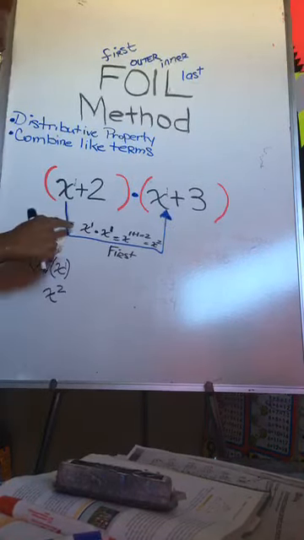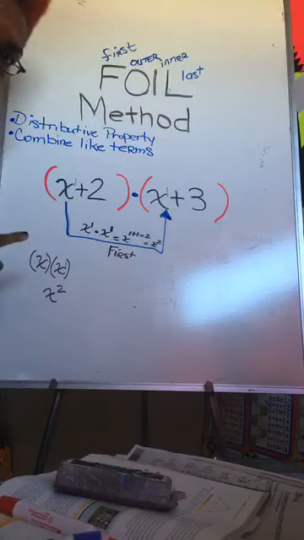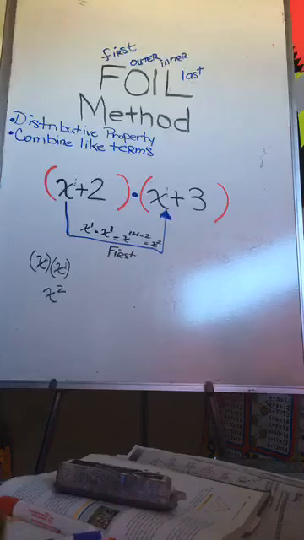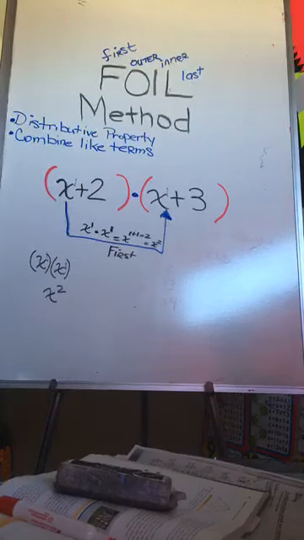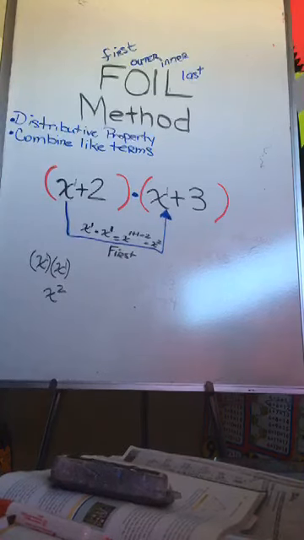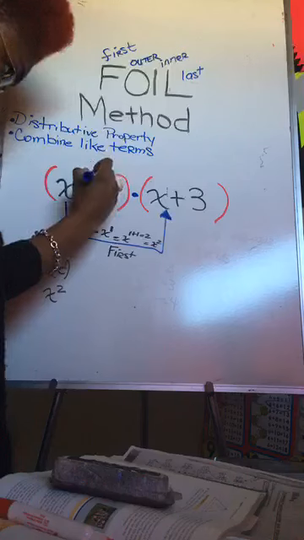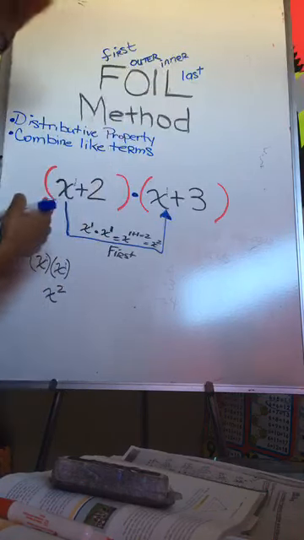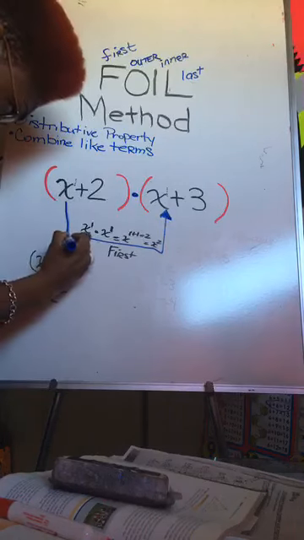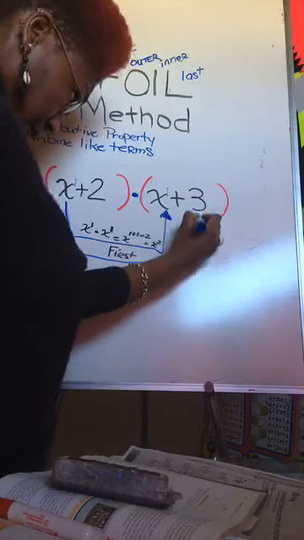Now we have to go to our outer. For O, we have to go to the outer. So what is the outer? This is the first. And our outer term, first, outer, inner, last, is from here to here.